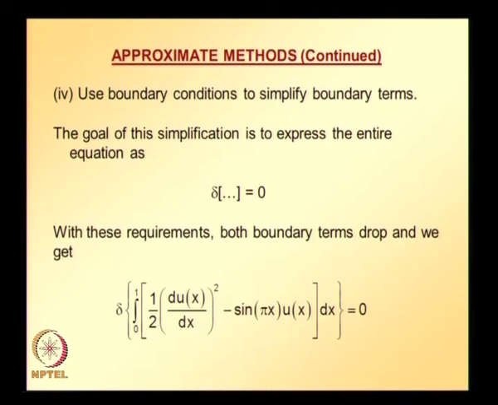when we were looking at the relationship between variation and total differential, we noted that the variation of u being equal to 0 means the partial derivative of u with respect to each of the unknown parameters is equal to 0. So, once we substitute the admissible trial solution into this last equation, everything is going to be a function of the unknown parameters, and the variation of that function being equal to 0 means the partial derivative of that function with respect to the unknown parameters is equal to 0.